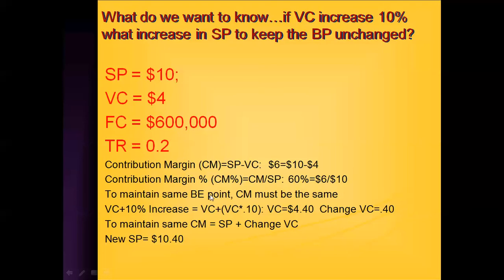So now, how do we maintain the same break-even point if the variable costs increase? Well, you want to keep the contribution margin the same. So you take the variable cost and you add the variable cost plus 10%.